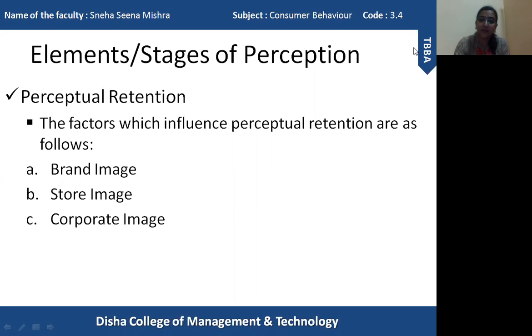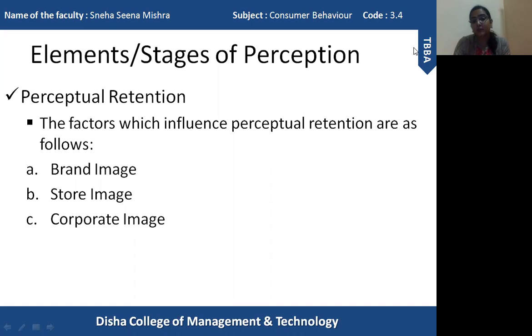That is called brand image. So brands having a good image in the market will definitely attract more and more consumers, and the consumers will remember the brand for a very long time if a good image of the brand has been created in the market. So that is the power of brand image.